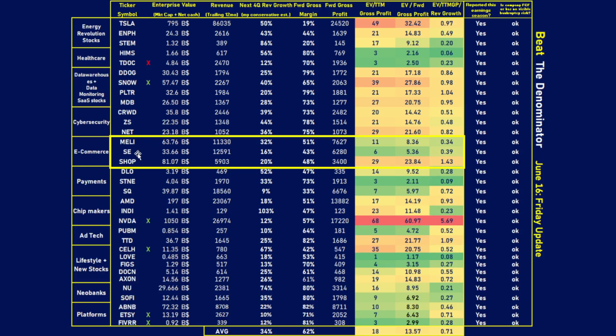Then we have Sea Limited. Now, Sea Limited is a company that's doing very well, and one may be fooled when they look at the number. They see 16%, and they're like, what's going on? It's not doing so well. Revenue growth 16% next year. What's going on? Well, what's going on is they have Garena, their gaming division, which is losing a bunch of revenue because they had a one-hit wonder game called Free Fire that really caught on in 2020, and that India has banned, and that a lot of places in the rest of the world have removed.